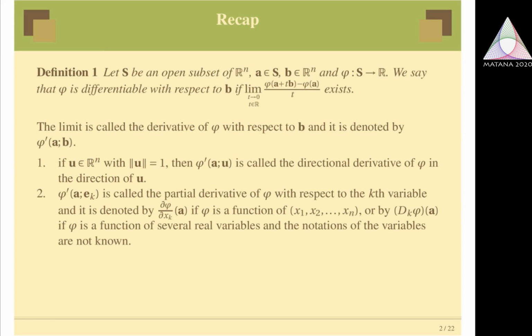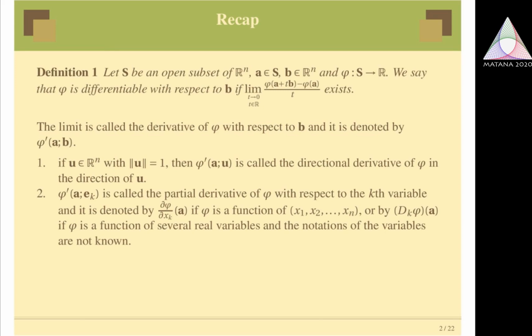The limit is called the derivative of phi with respect to b at a and it is denoted by phi'(a; b). If u is a unit vector, then phi'(a; u) is called the directional derivative of phi in the direction of u at a.